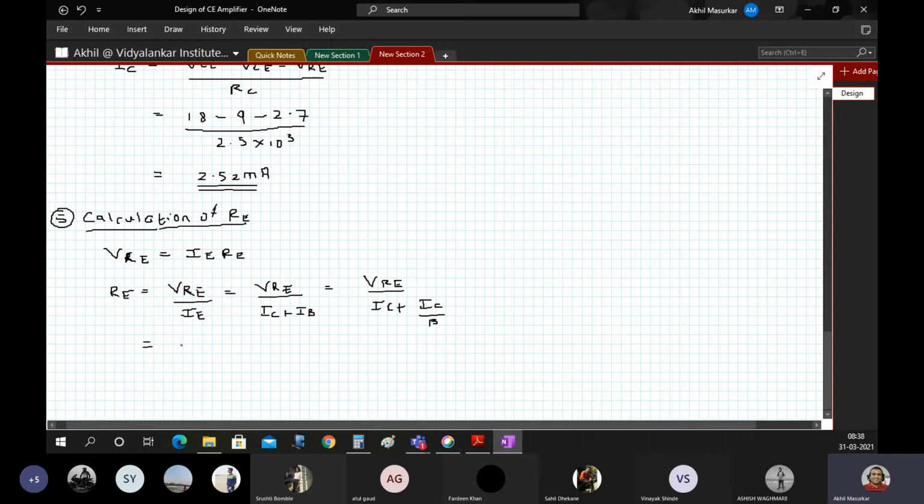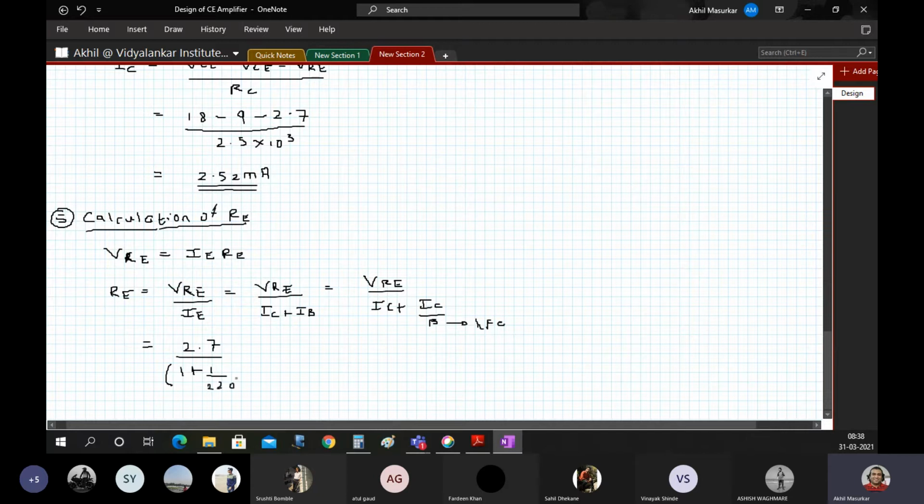So RE is equal to VRE upon IC into 1 plus 1 upon beta. IC we already know. Beta is nothing but HFE.